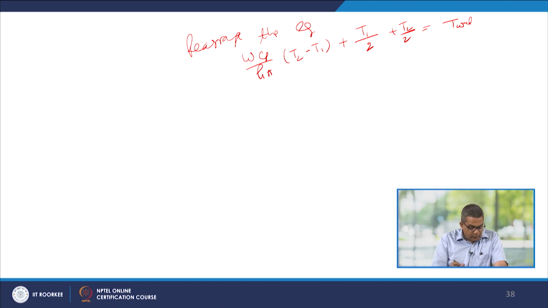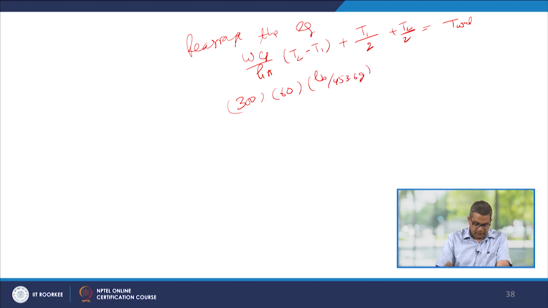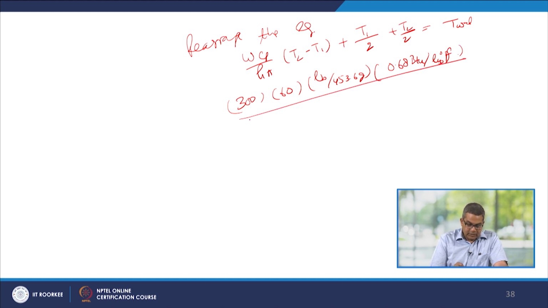If we substitute the values in the equation, we get 300 into 60 over 453.6 gram into 0.68, this is in gram per minute and minute per hour.